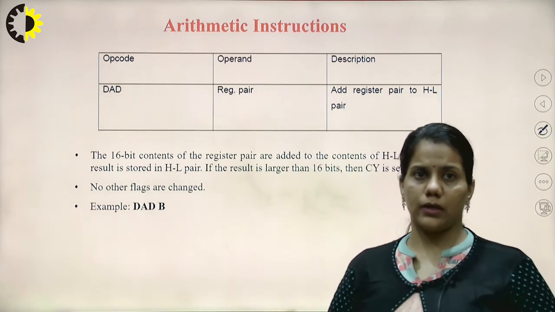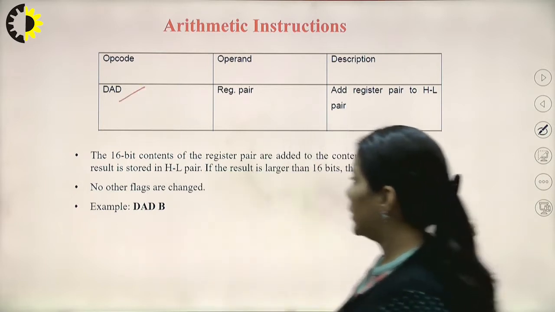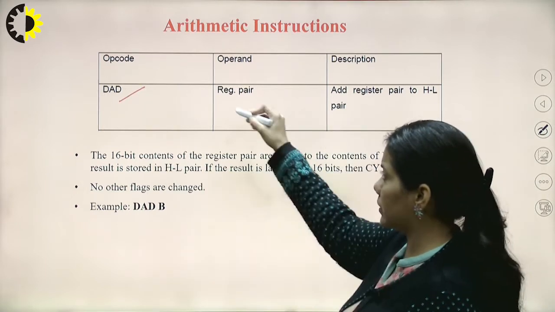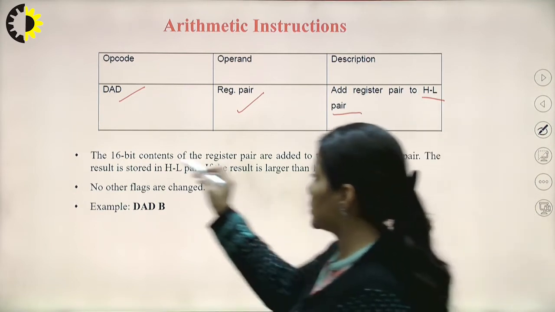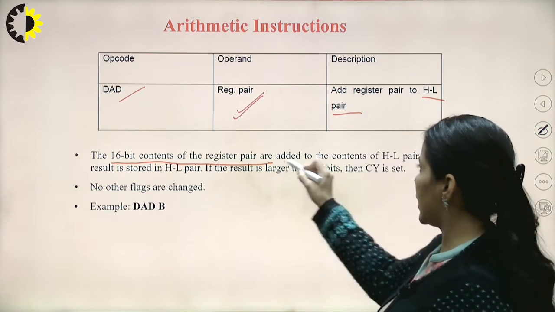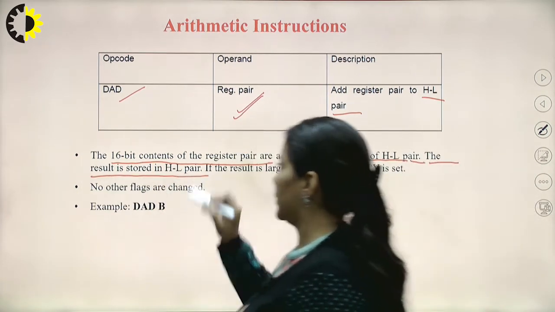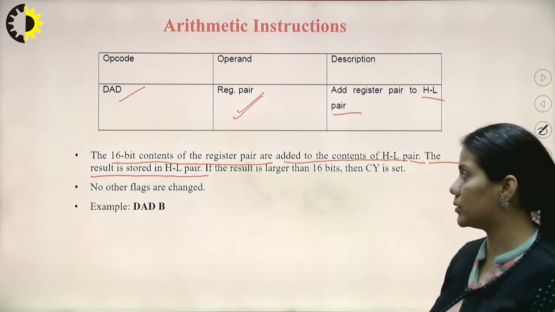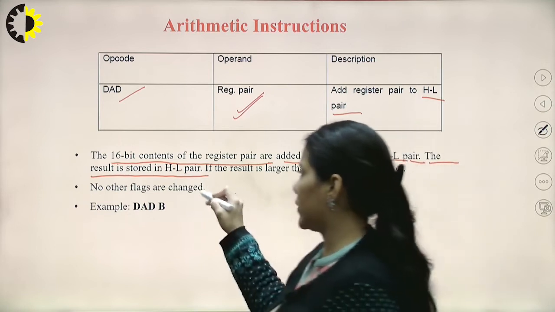Next instruction is DAD, and that is a double addition. It will add the register pair contents to HL pair. So the 16-bit contents of the register pair mentioned in the operand is added to the contents of HL pair, and the result is stored in HL pair. If the result is larger than 16 bits, then carry is set. No other flags are changed.